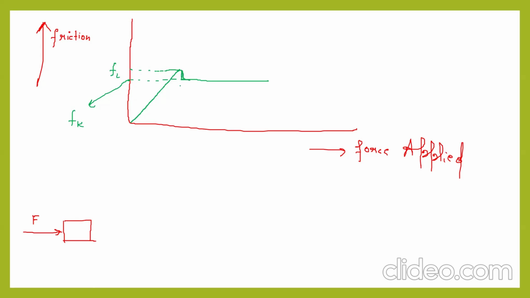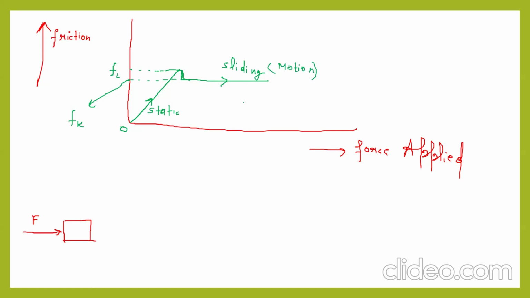From here to here, to attain the maximum value, it will be static friction. From here, sliding is kinetic, and it is constant.